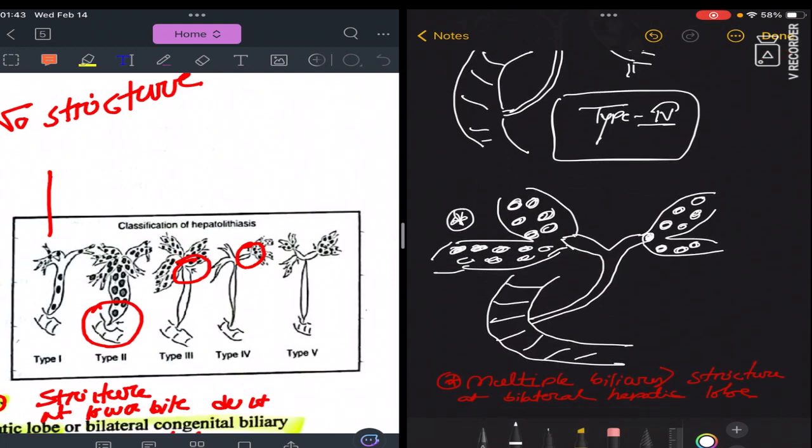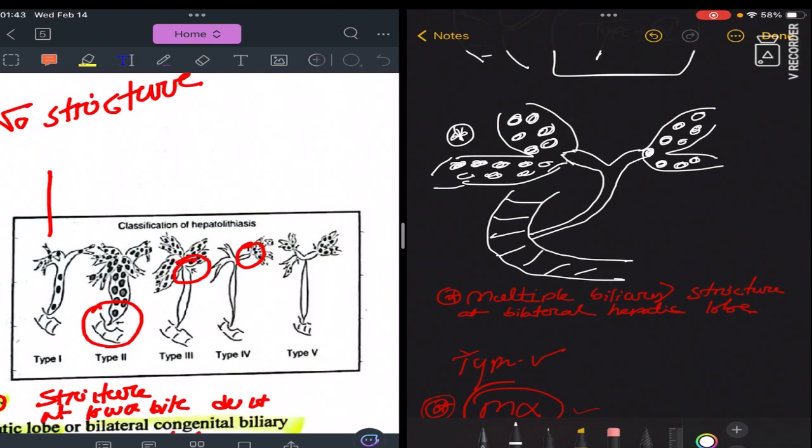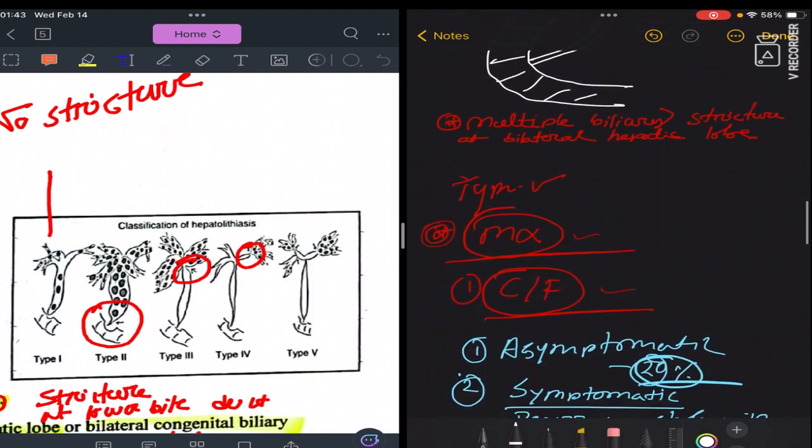And type 5, if there is a stricture present in both the right and left hepatic duct, it is considered as type 5.